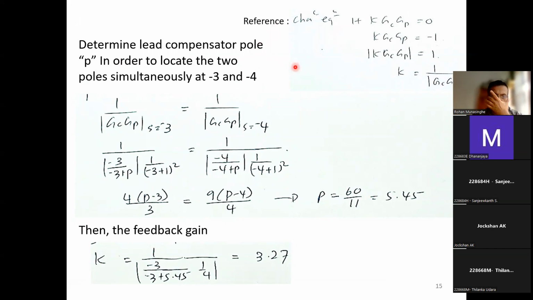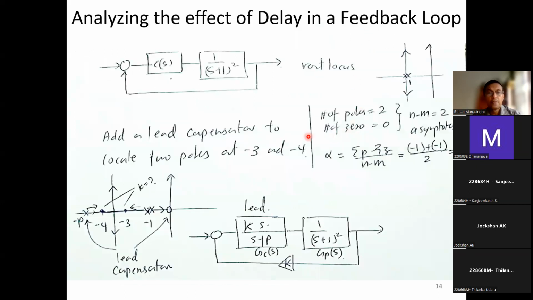For that, we take the characteristic equation of the plant. If you look at this one, this is the forward loop, and the feedback gain is just K. So this is the forward loop over 1 plus K times the forward loop.